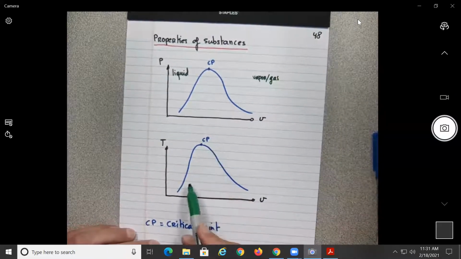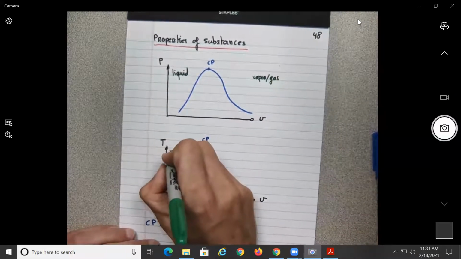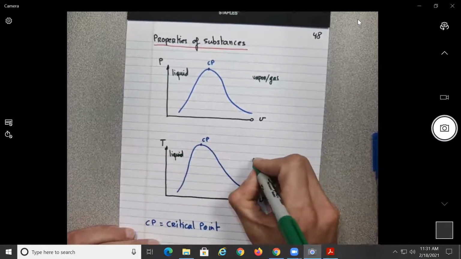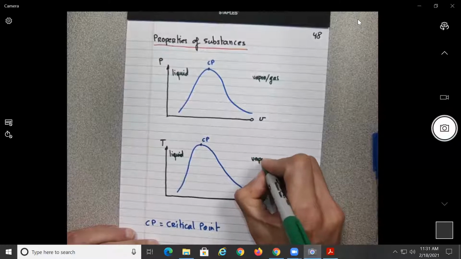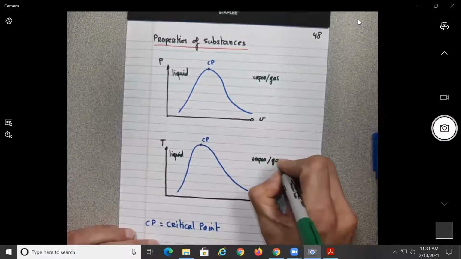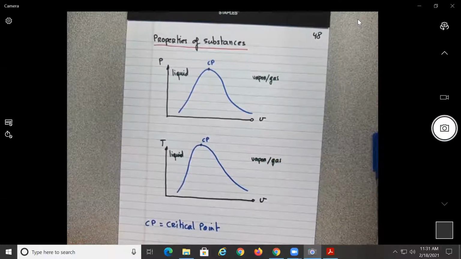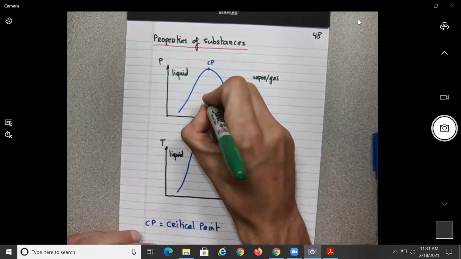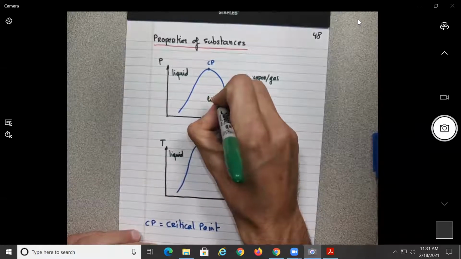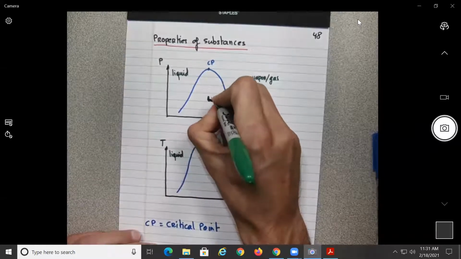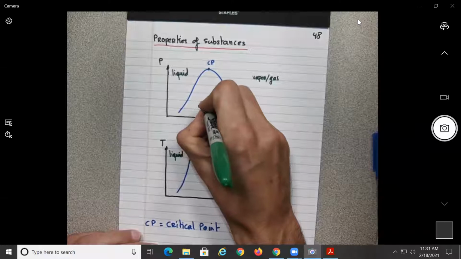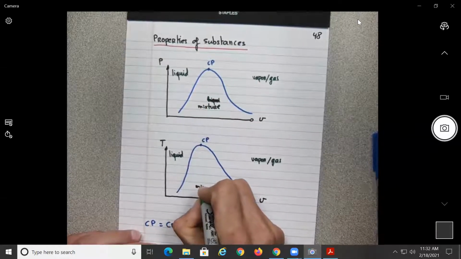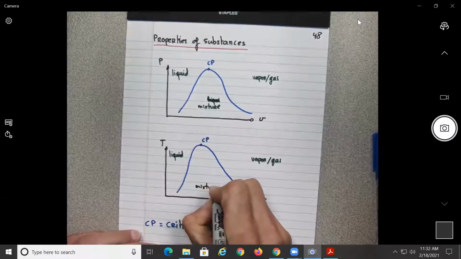And it will be exactly the same thing on this figure. It will be liquid, and this will be vapor or gas. And if you are in the middle, it will be a mixture of liquid and gas. So mixture and mixture.